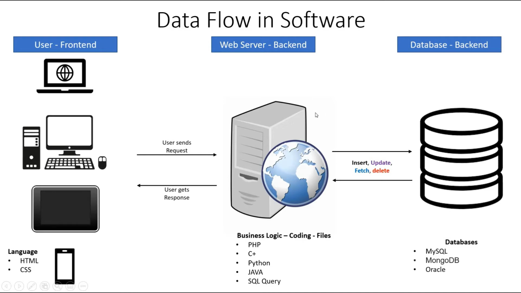Web server is a place where all the coding files are placed and business logic is executed. And database is a place where data is stored. There could be many coding languages like PHP, C++, Python, Java, SQL. And also there can be many databases like MySQL, MongoDB, Oracle and more.